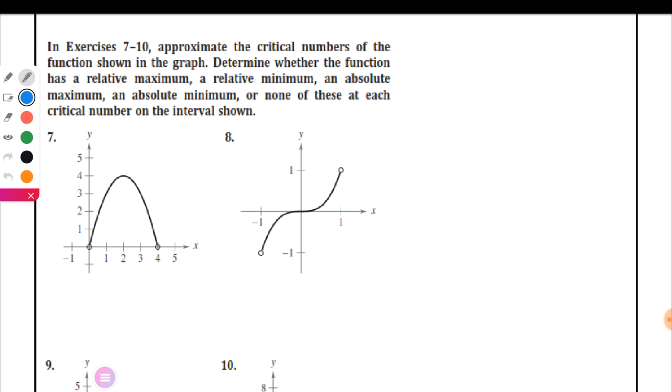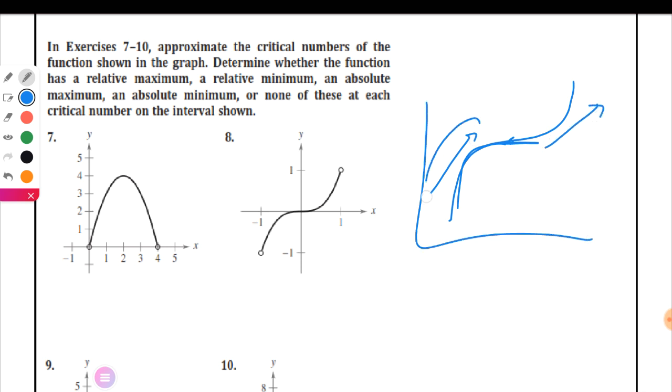But sometimes, look at one like this one. Here the derivative equals 0. The behavior of the function here is increase, and here also increase.